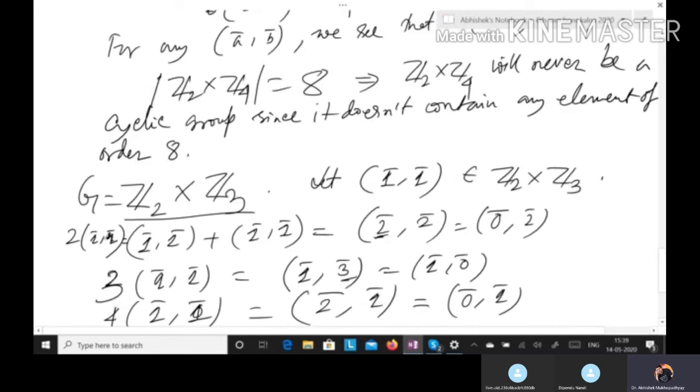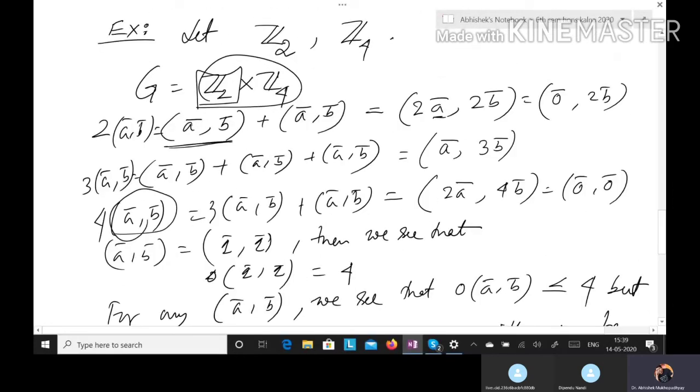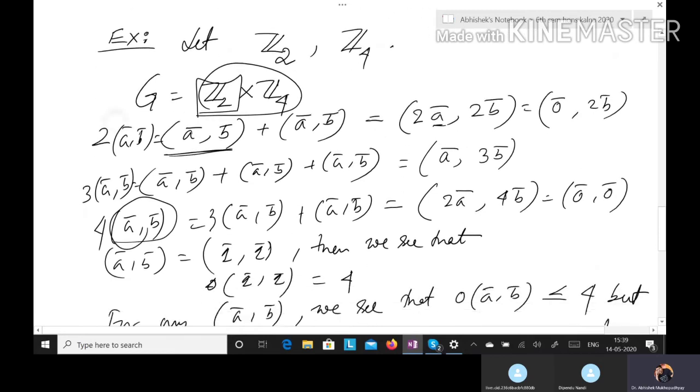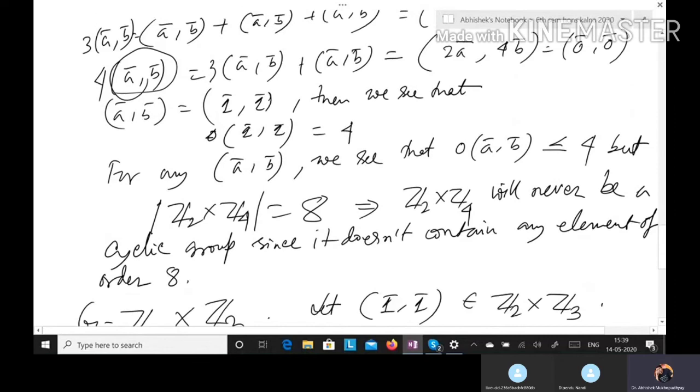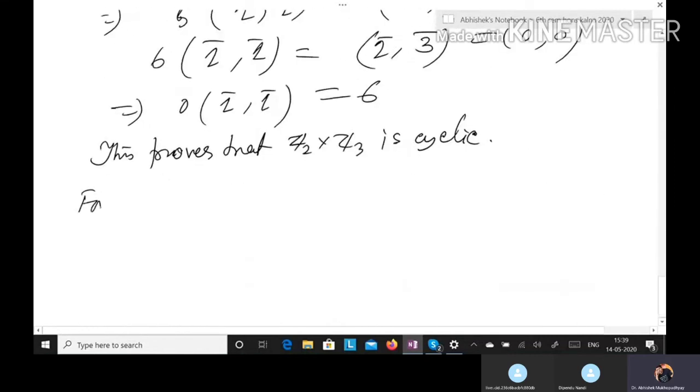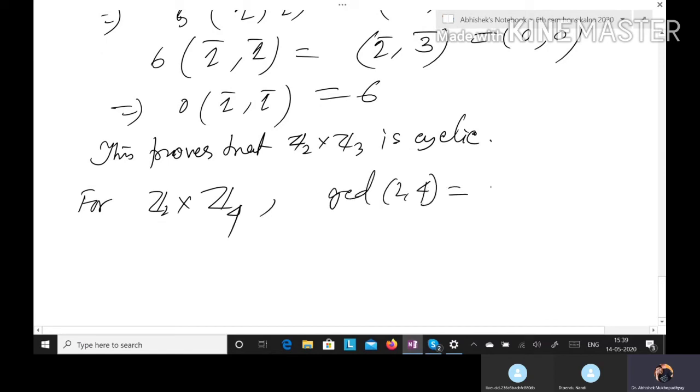If we look at the examples, we see that for Z2 cross Z4, GCD of 2, 4 is 2, and for Z2 cross Z3, GCD of 2, 3 is 1.